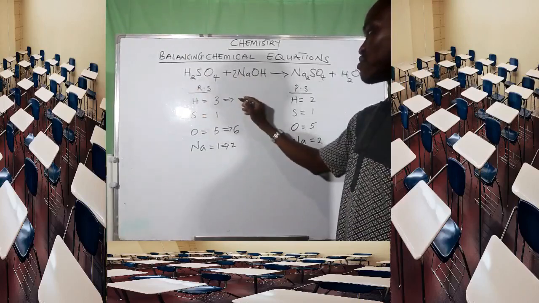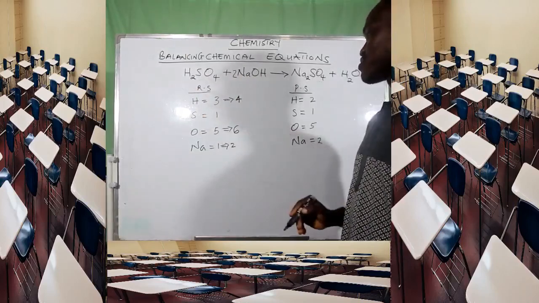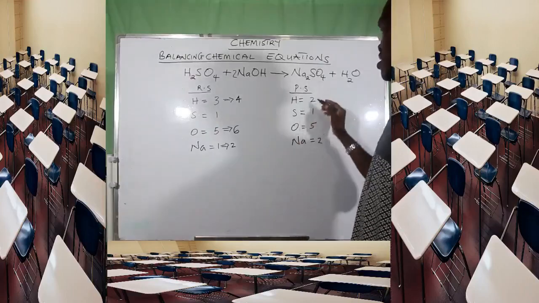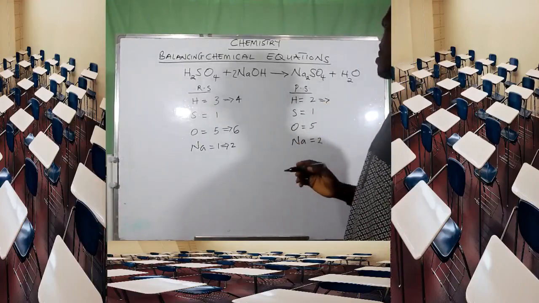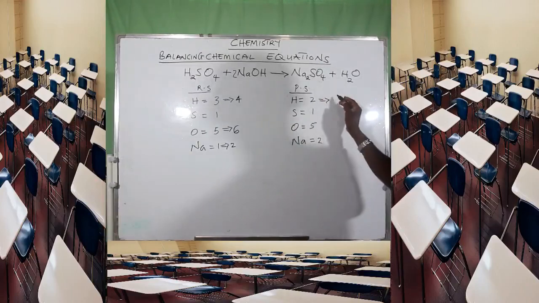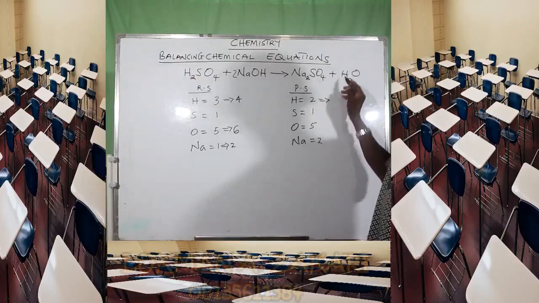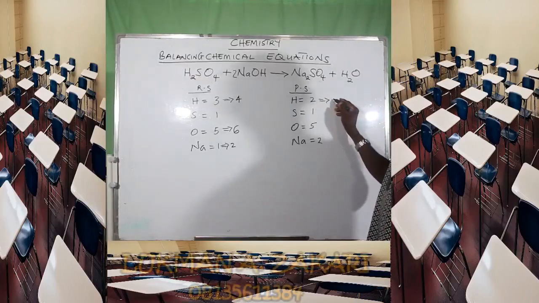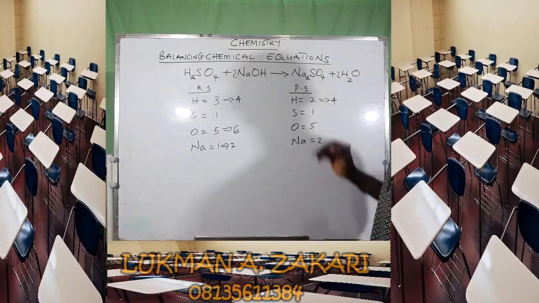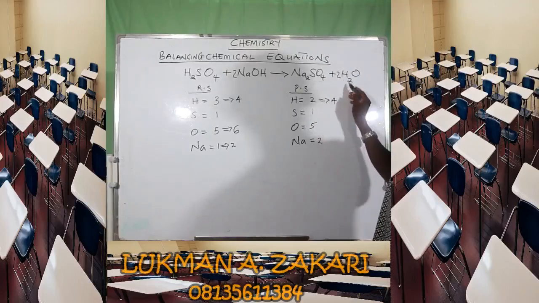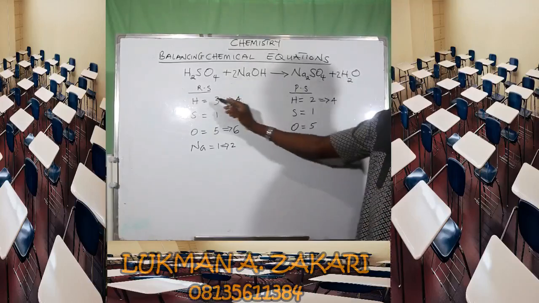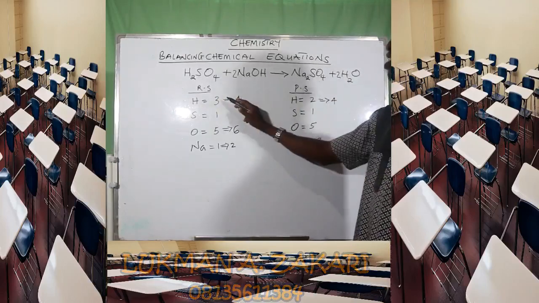How many do we have now? We have 4 in this case. Then this has to be upgraded as well. How do we upgrade this? From 2 to 4, we need to add 2 here. Adding 2 here means that we have upgraded this to 4, because 2 times 2 gives you 4. That makes hydrogen balanced.